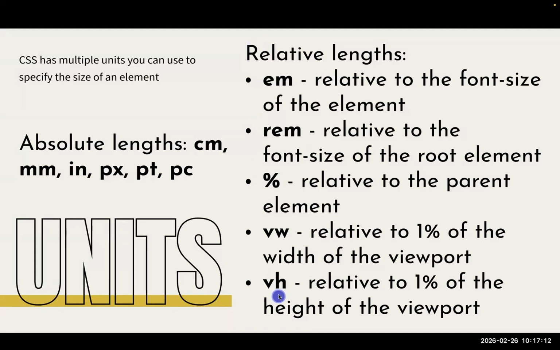Then there are all of these relative lengths. This helps get us into more dynamic sizing. These are taking the size of whatever you're trying to change relative to something else. So the first one is going to be the font size of the element. Every element, whether it is text or not, has a default font size, even if it doesn't have text, which is a little funky.